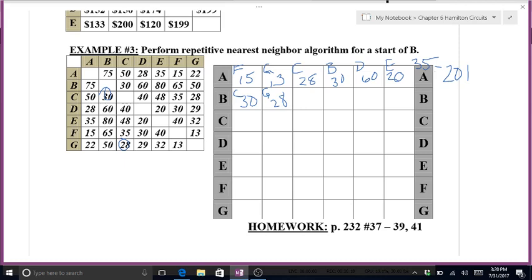When I leave G, my smallest one is F. So we're looking at 13 here. When I leave F, I can't go to G, so my smallest one's going to be A here. 15.